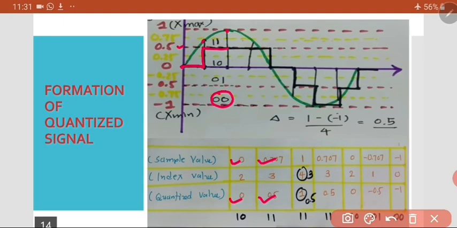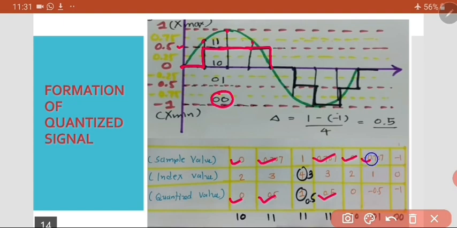The third sample value, once again, is at 0.707 and it has the quantized value of 0.5, so it will be extended further just like that. Then next it is 0, so it will be just like this. Once again you proceed forward.